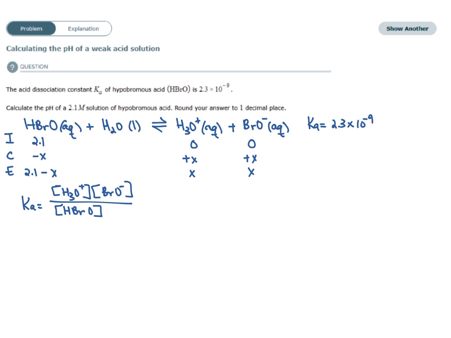Before I continue, to make my math a little bit easier, I'm going to assume that x is so small that it does not make a big difference in the equilibrium concentration of HBrO. I'm going to have to come back and check that, but let me plug in the numbers, making that assumption.